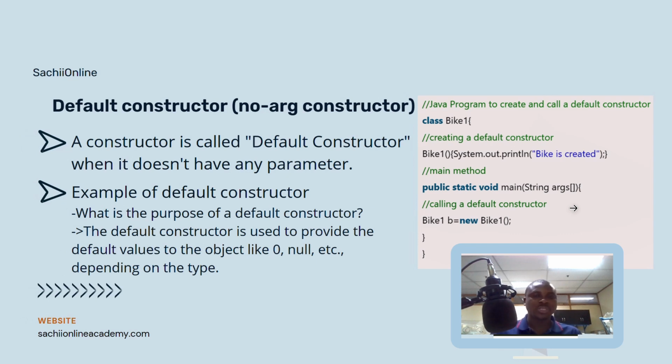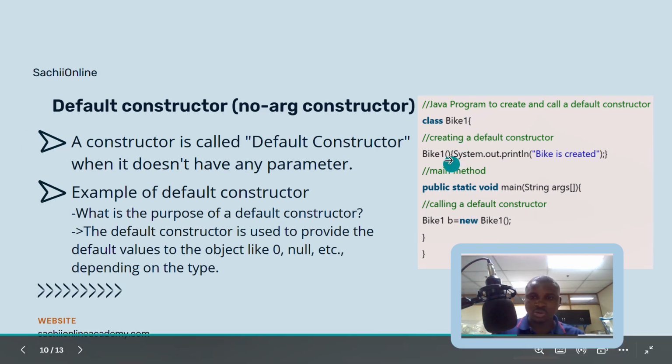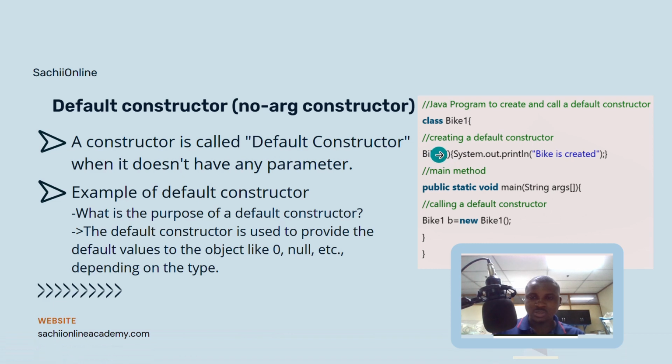The default constructor, or no-argument constructor: by saying default, it means this constructor actually comes with Java. It doesn't take any parameter, which means inside its brackets, it will take nothing.